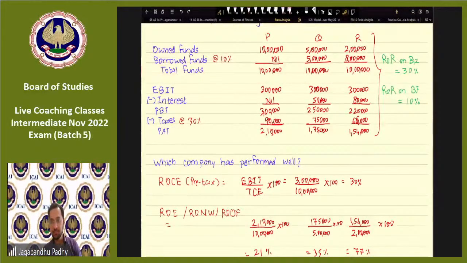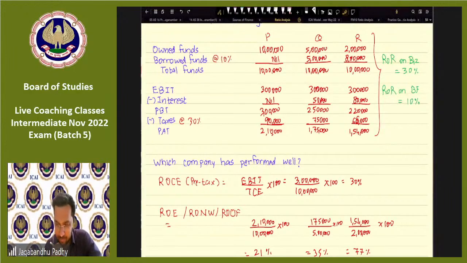Which company owners have the highest return? Of course, it is company R which has the highest return.